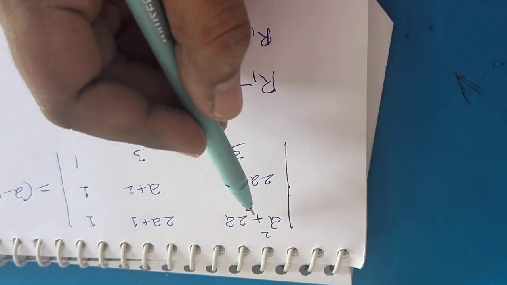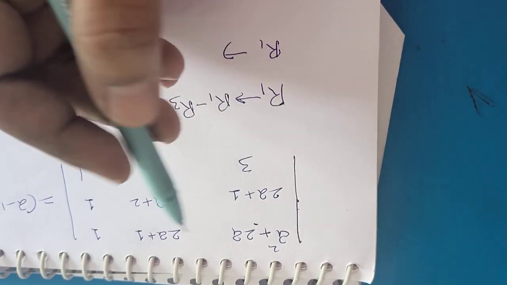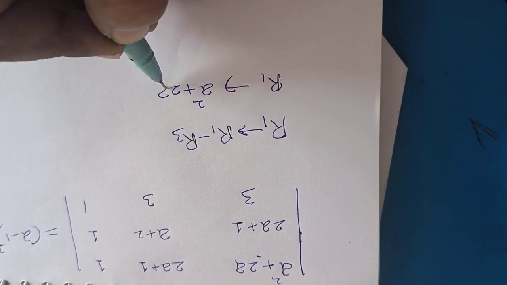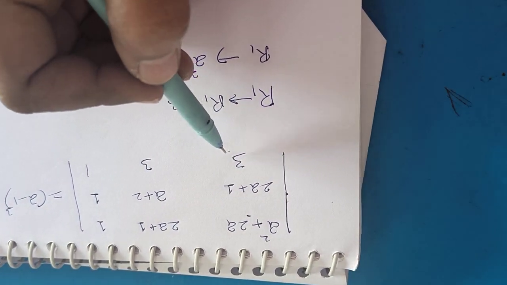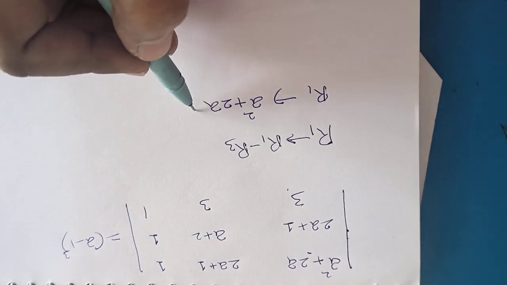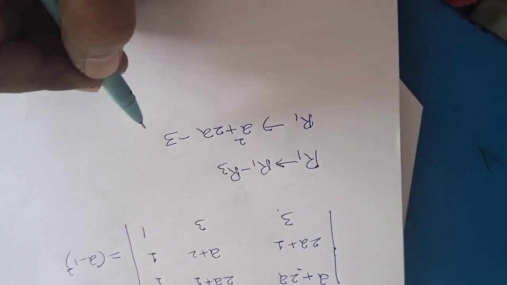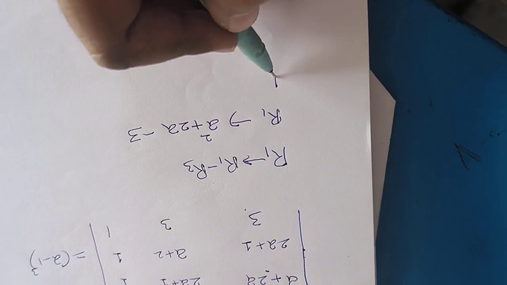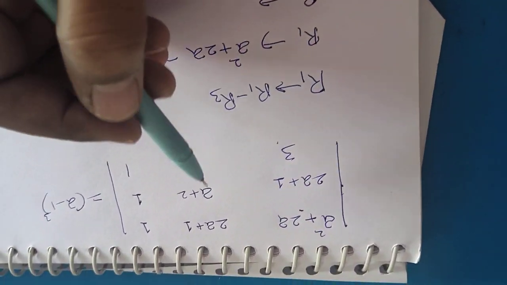Here in the first row, our first term is a² + 2a. R3 first term is 3, so we get a² + 2a − 3. Now we consider the second term.